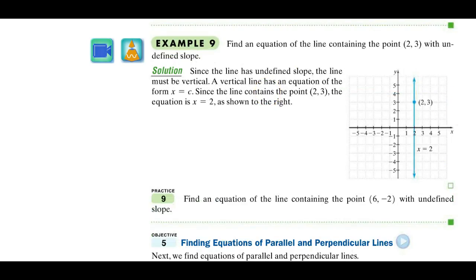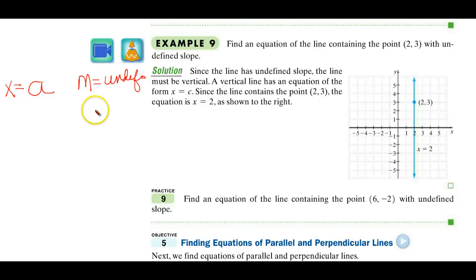Now, for example 9, they want you to find an equation for a vertical line. That is, x equals a. Now, they would have to define this as a vertical line or a line of undefined slope.